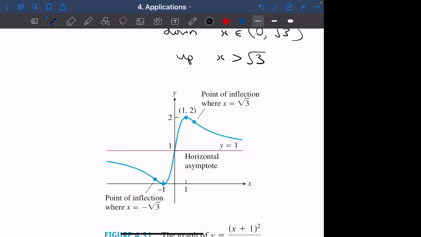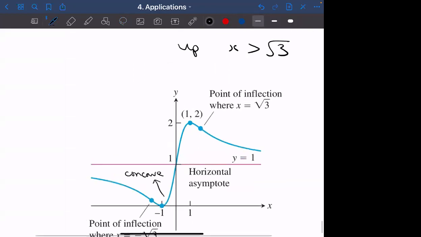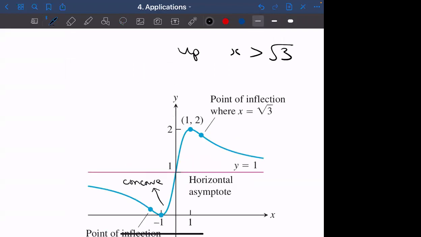We have concave up, very clearly on the graph. And then here, it becomes concave down.